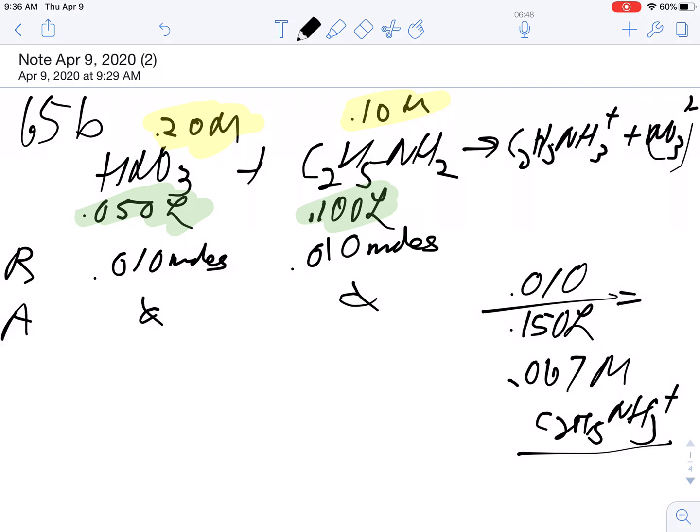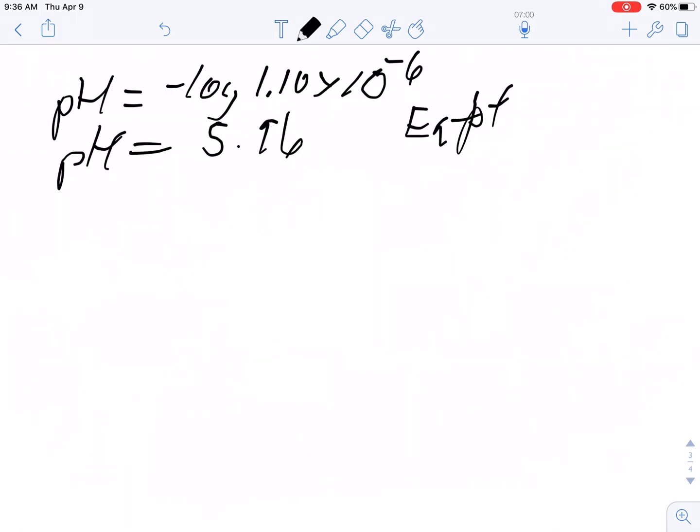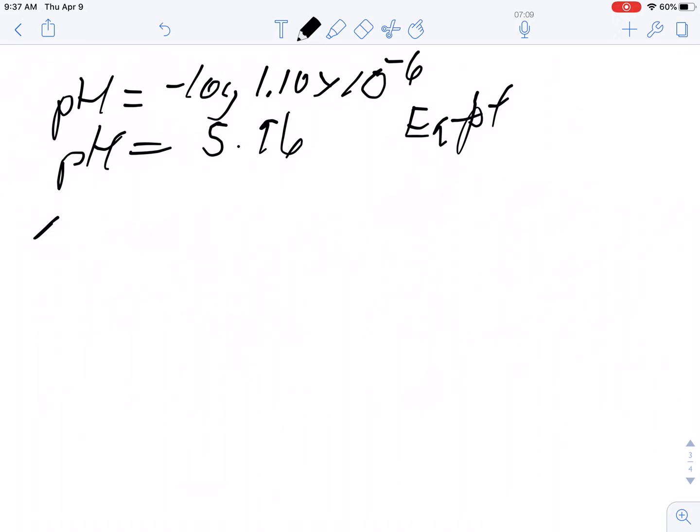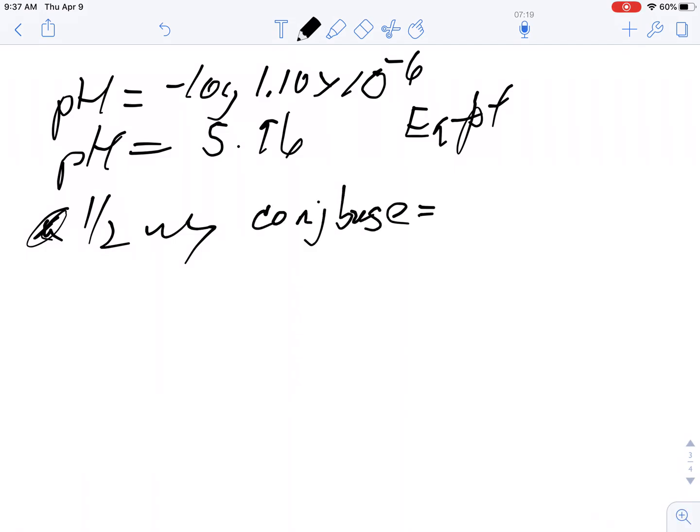So we can still do this. Remember that at halfway, the moles of conjugate base are equal to the moles of weak acid.